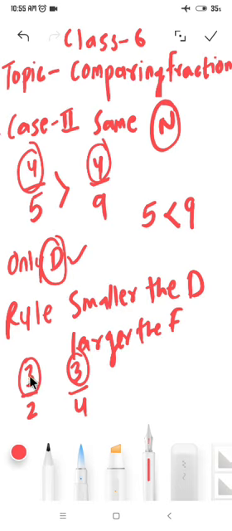In this fraction the denominator value is 2 and in this fraction their denominator value is 4. What is the rule? Smaller the denominator value, larger the fraction. So 2 is smaller than 4. So the fraction 3 upon 2 is larger than 3 upon 4. Dear student, hope you understand.